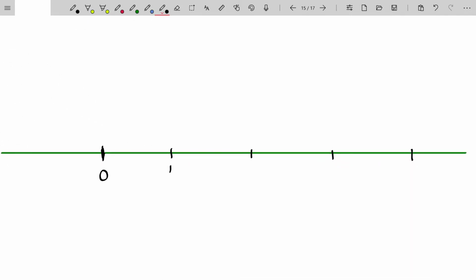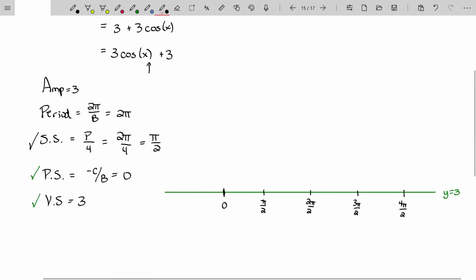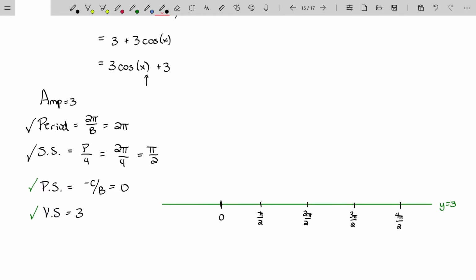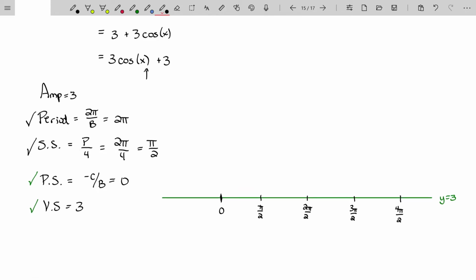So 0 plus pi over 2, plus another pi over 2, plus another pi over 2, and yet one more pi over 2. So those are critical or key points. That takes care of that. And then finally, I will graph the cosine function. Cosine function starts tall, goes through, all the way down here, goes through, and goes back up to the top again. Connect those up with a nice smooth curve.